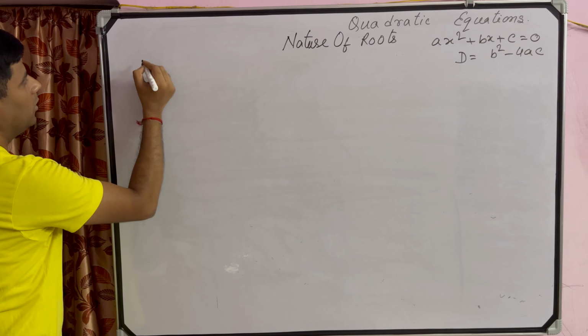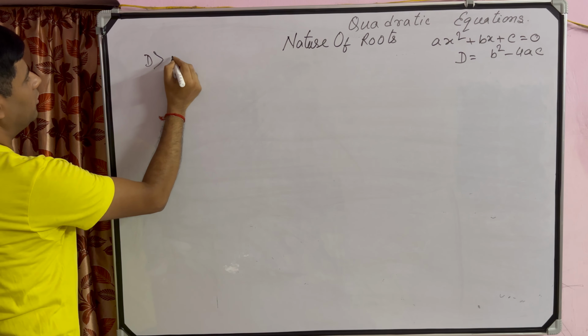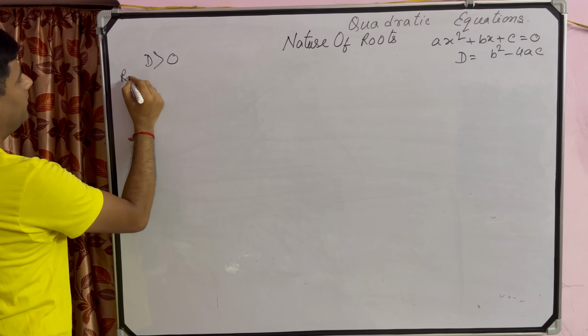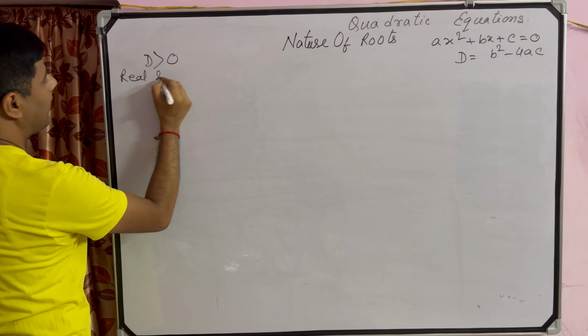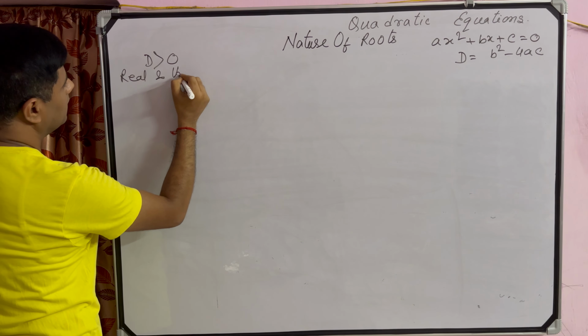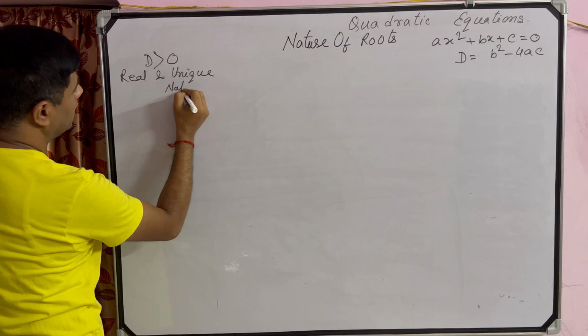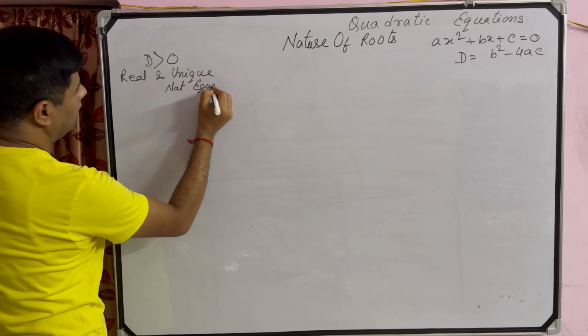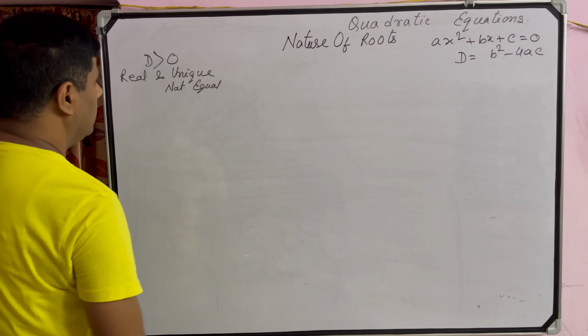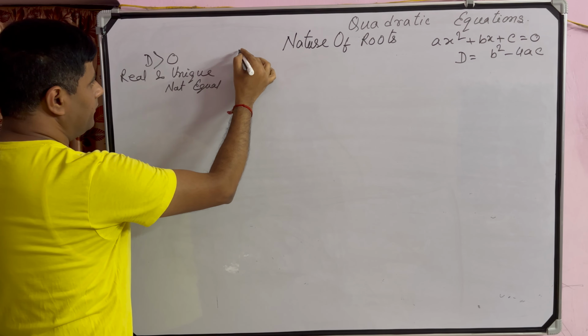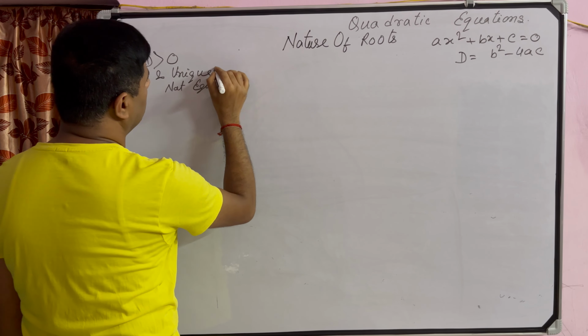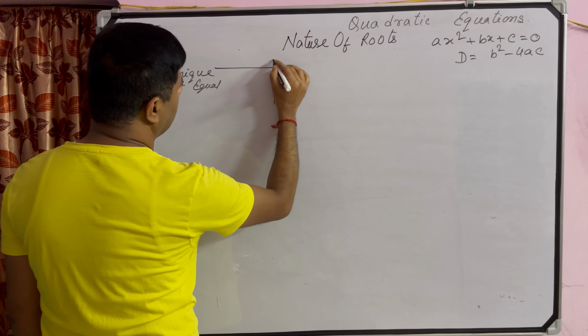Situation number 1: when D is greater than 0, then the roots will be real and unique, or you can say roots are not equal or not the same. Under D greater than 0, two things can happen.